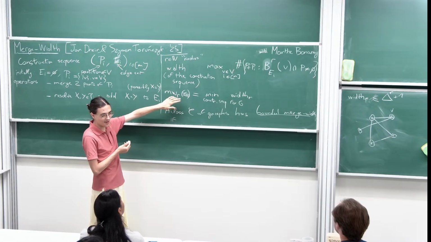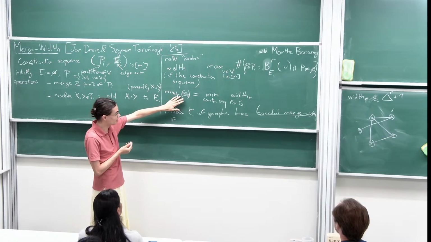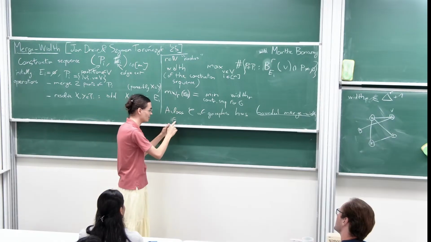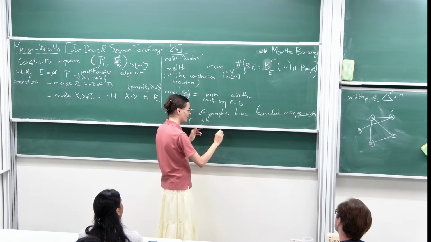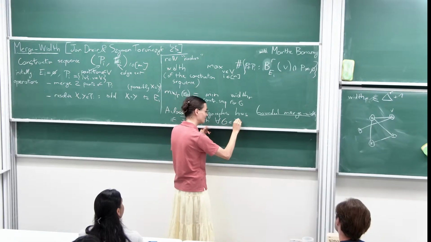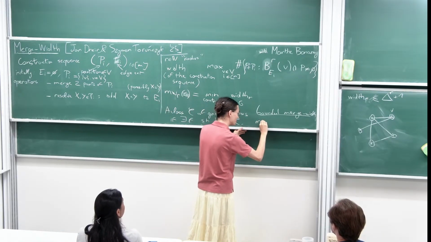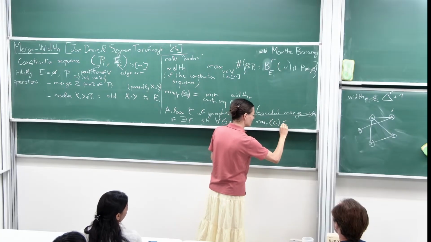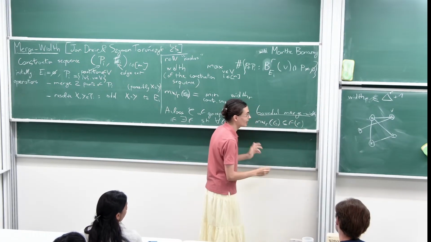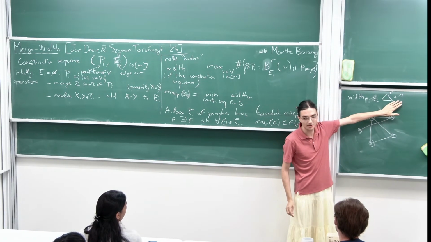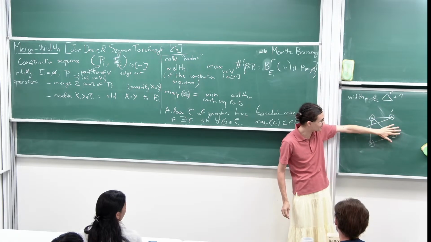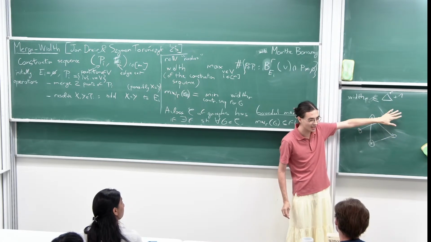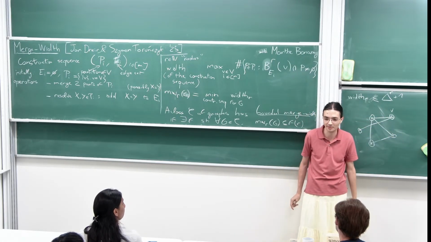Here we want something more general, more fun, so we allow the bound to depend on R. So the definition will be: there is a function f such that for any graph in your class, the merge width at radius R of this graph is at most this function of R. And if you think about the class of graphs with maximum degree delta, this is exactly what we got here. This is the function of R. So this stupid construction sequence actually proves that bounded degree graphs have bounded merge width.